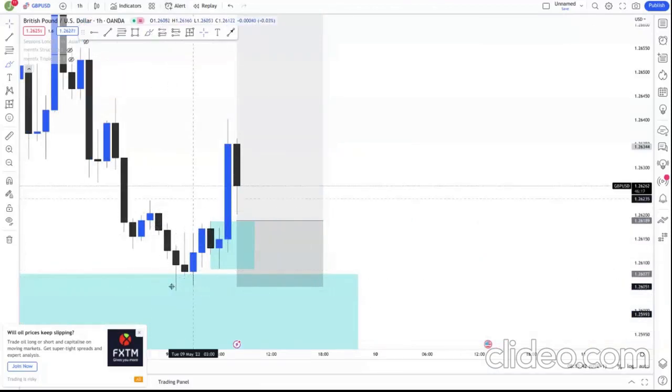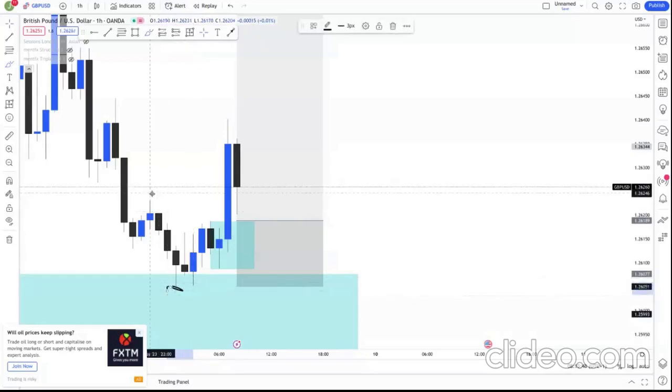You see this swing point, structural point, and we see another swing structural point with a high and low, and a very clean break of structure.